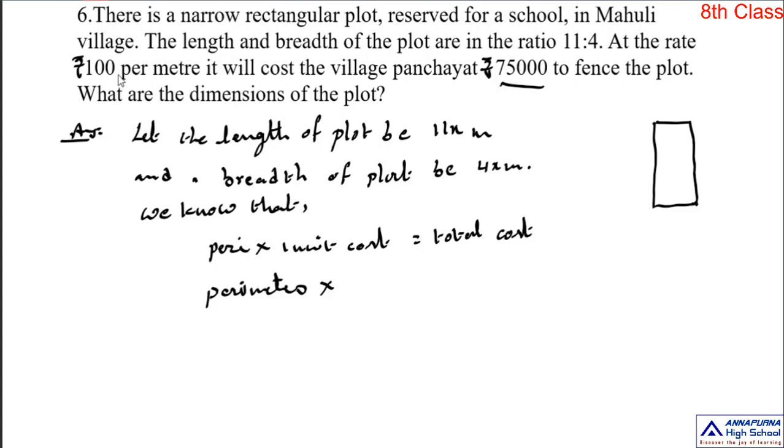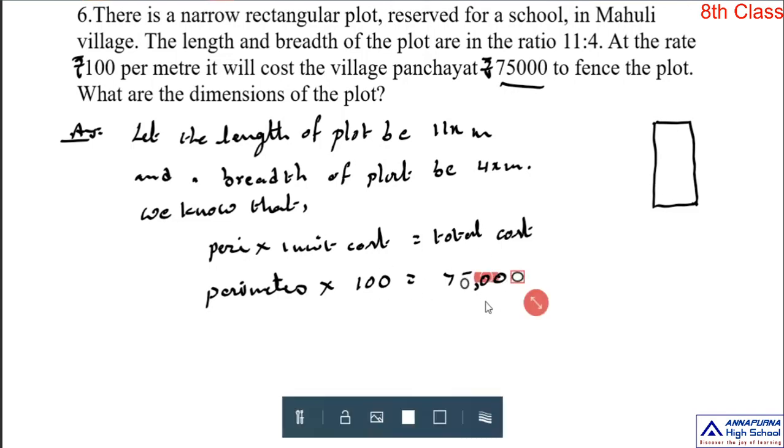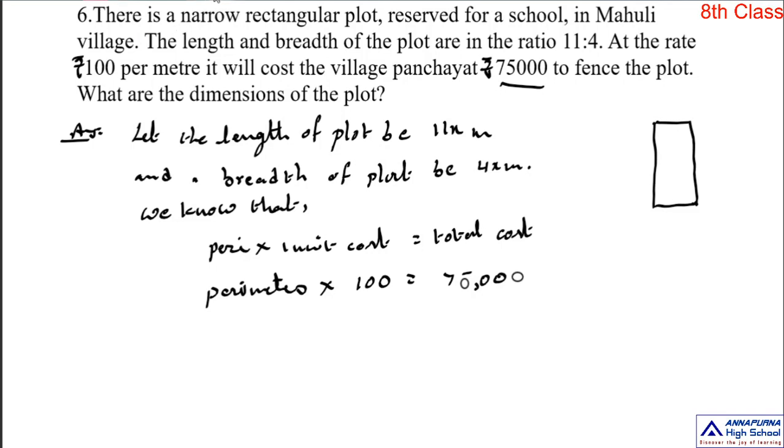It is already given, at the rate of 100 rupees per meter. So the 1 unit cost is 100 rupees, equal to the total cost of fencing, which is 75,000 rupees. Now transpose this 100 to the right side.